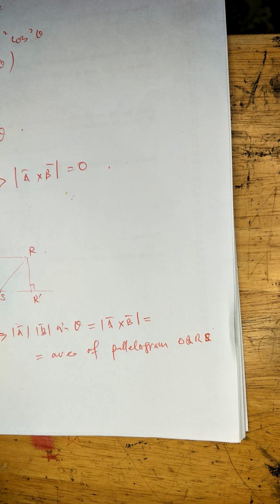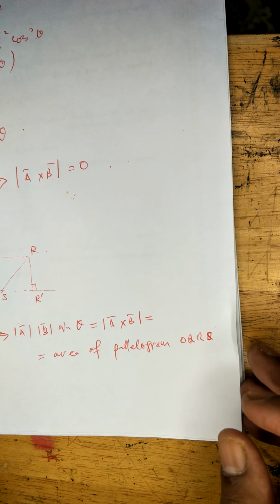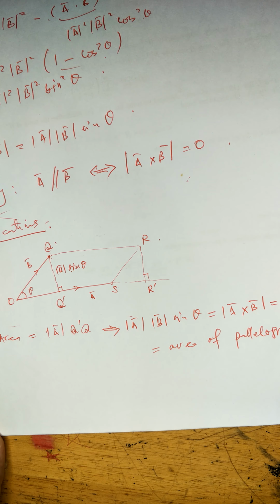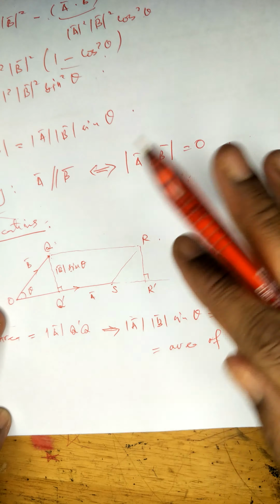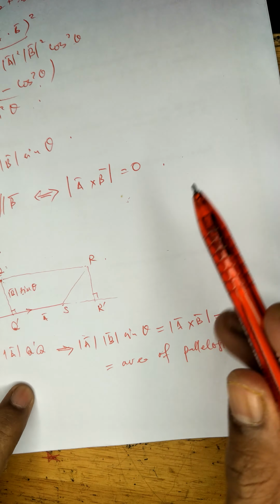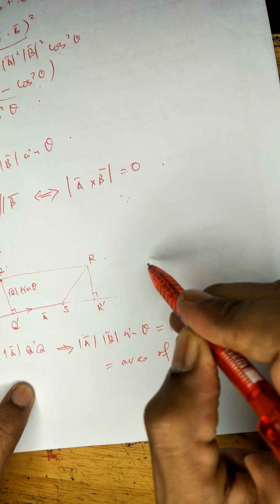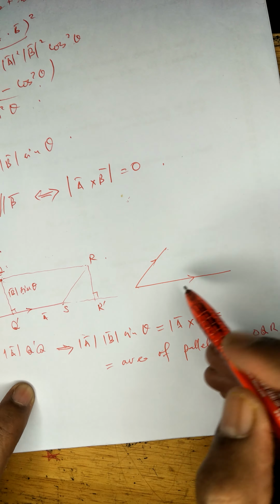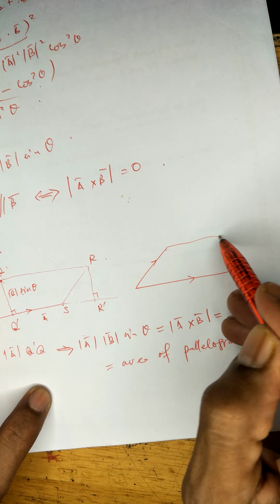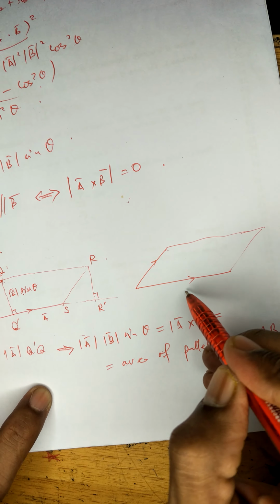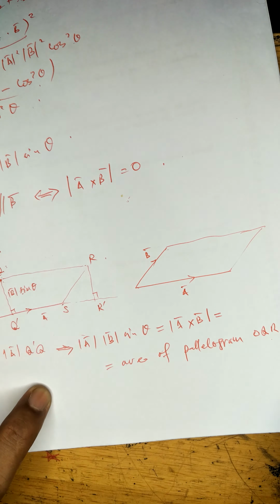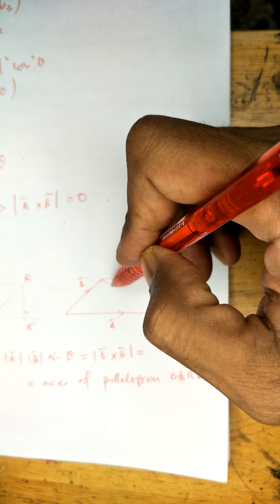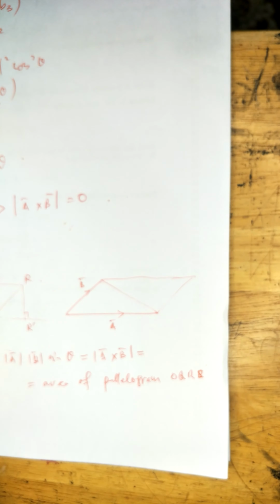Now to prove this, it's not difficult. If you cut this parallelogram into half, let me sketch again. We have vector B there and vector A here, and we have this parallelogram. If you cut this into half, what can you see?